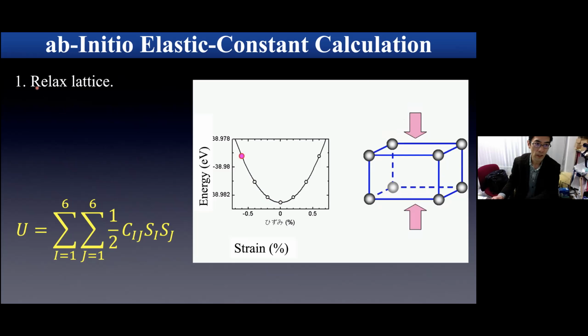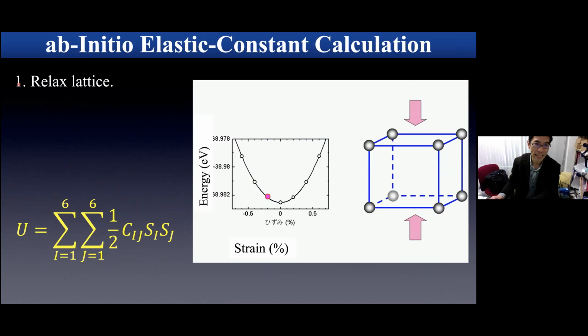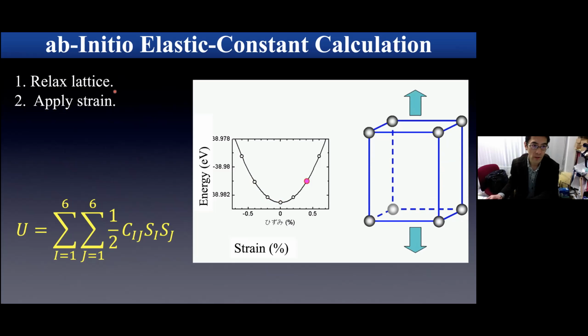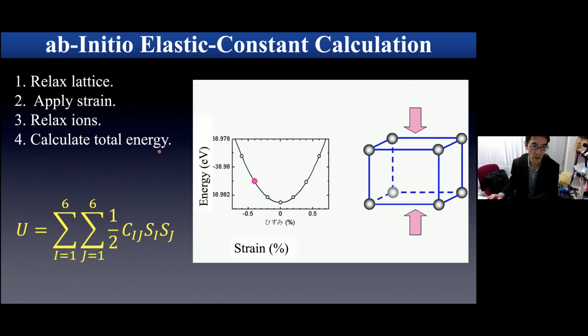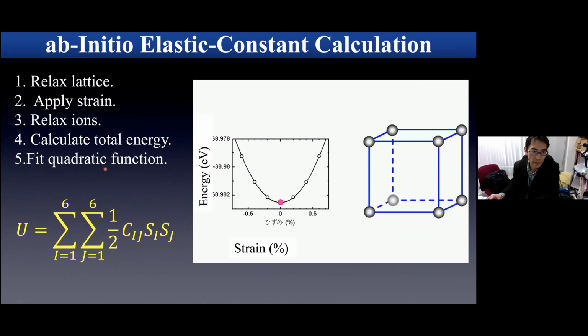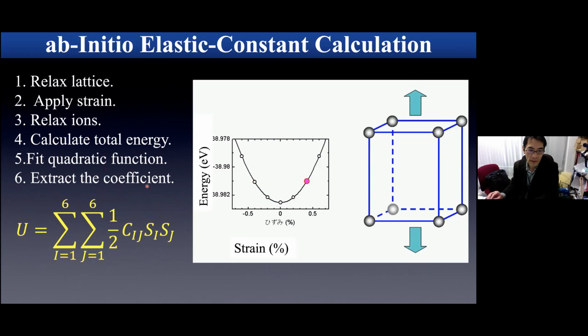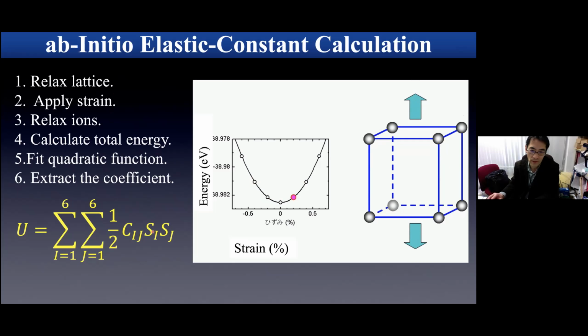First we determine the relaxed structure, then we apply strain and relax ions, and then we can calculate the total energy. Then we fit the harmonic functions and extract the coefficients, that is the elastic constant.